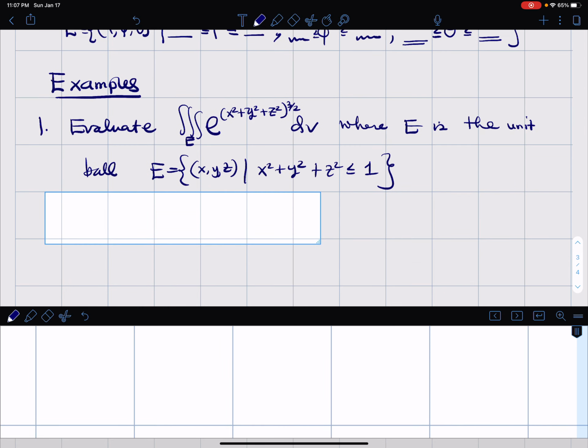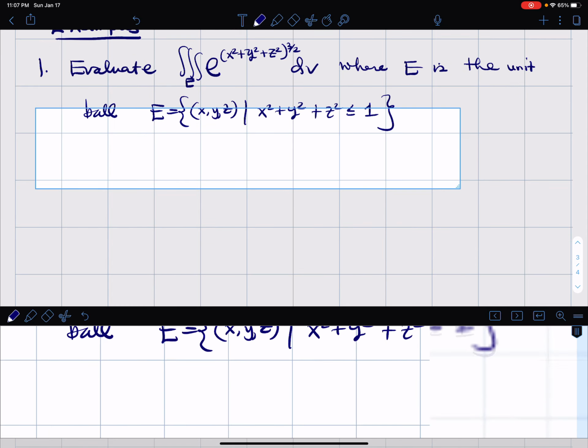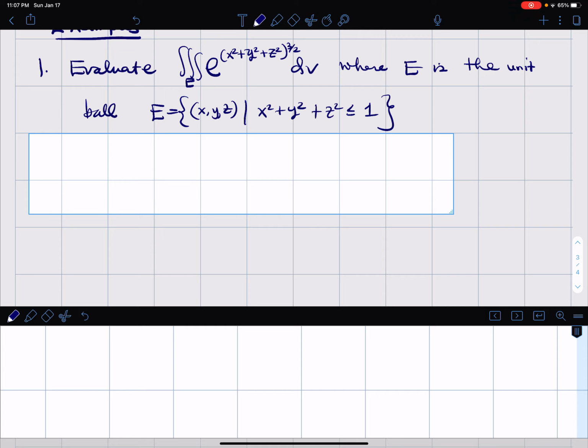Now, the first thing we need to do is to rewrite our E in terms of spherical coordinates. Remember that in spherical coordinates, rho is the radius of the sphere.